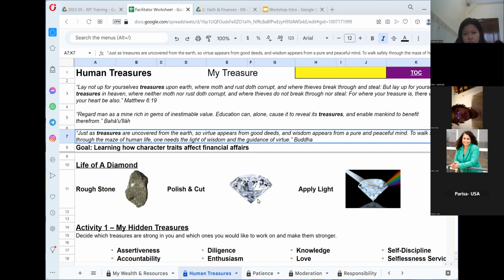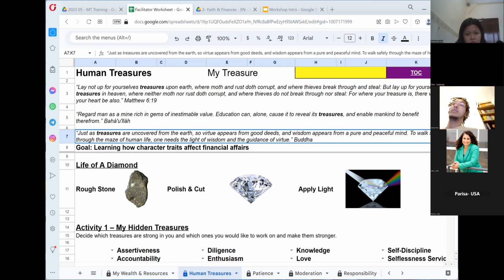A diamond is representative of a treasure, and we always talk about it in the classroom. A diamond is hidden inside a rock. When the rock is broken and polished, that is when we see it in its shining form.